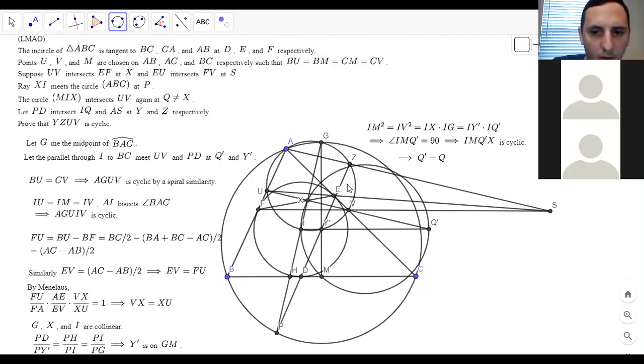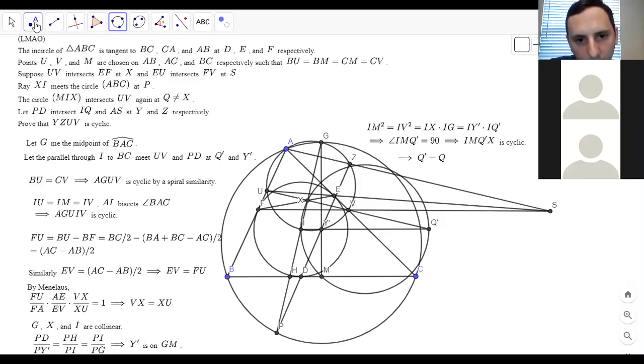Because AZ is parallel to UV, that means AZ is perpendicular to IG, right? So Z will be the reflection of A through IG.